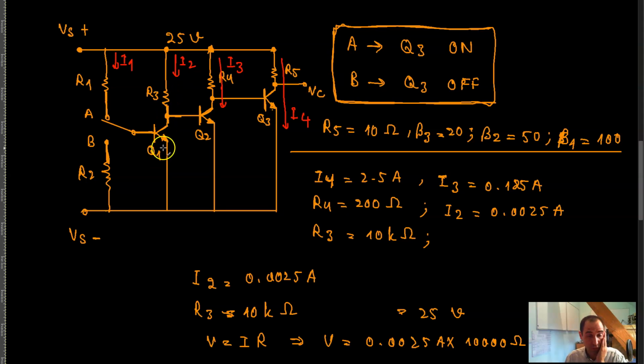There is no voltage across the collector emitter junction, and that means that Q1 is turned on, is saturated. So basically we have no problem. What I meant to say is that we have no problem there.